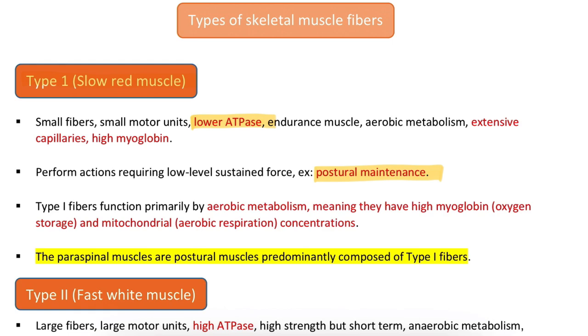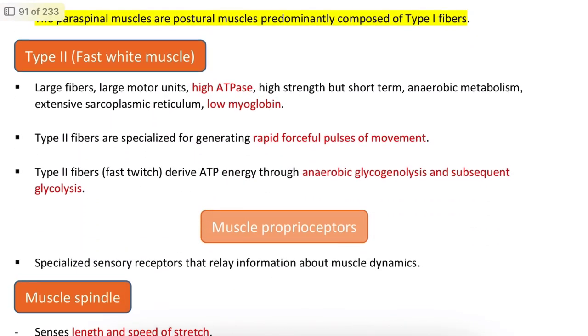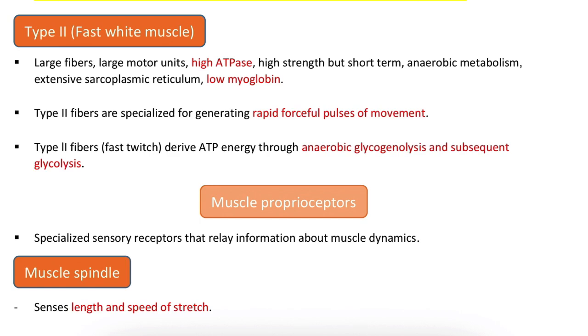Next one, type 2 skeletal muscle. This type 2 muscle fiber is the fast and white fiber. These type 2 fibers are fast twitch fibers built for power and speed.